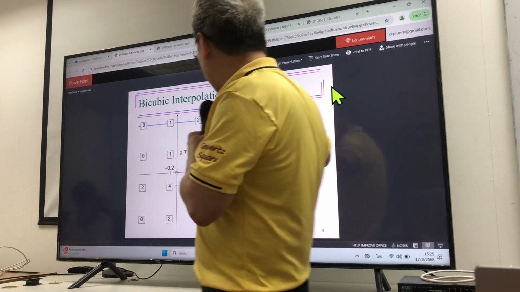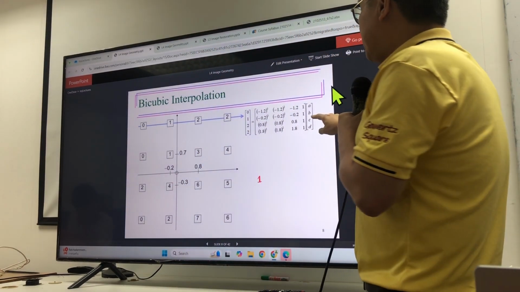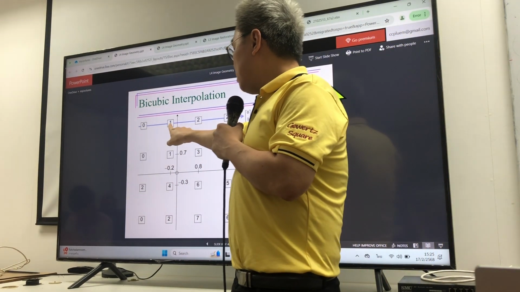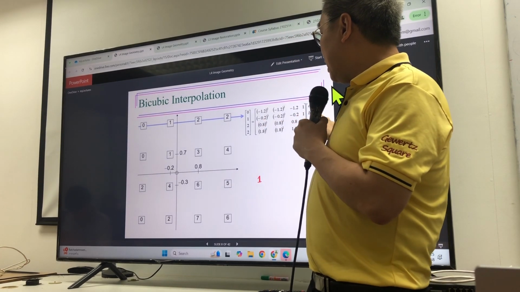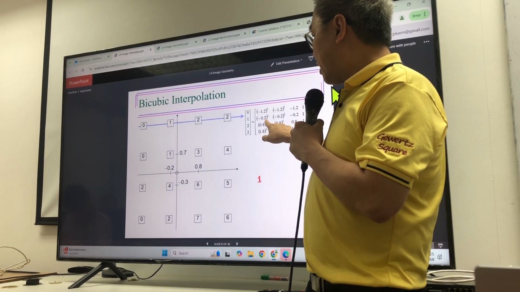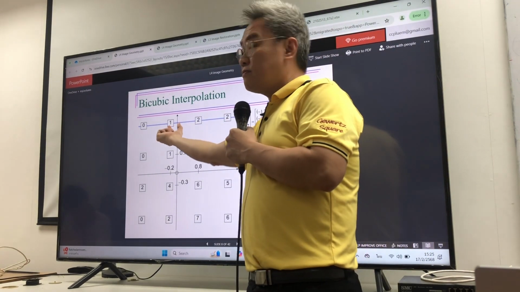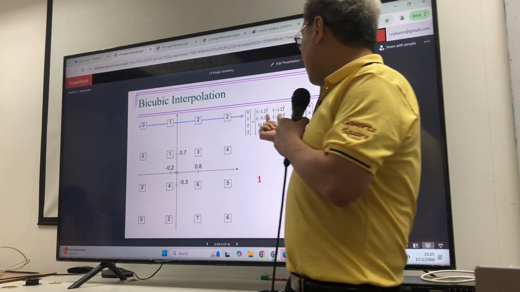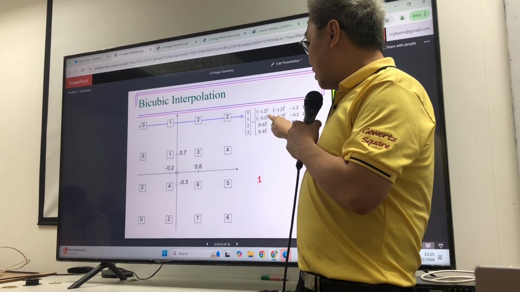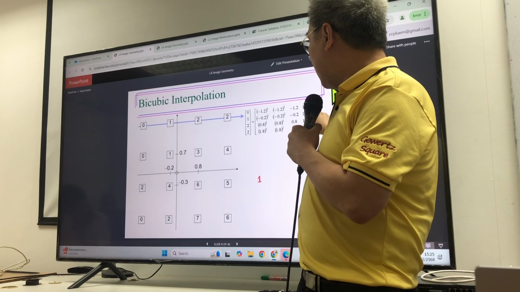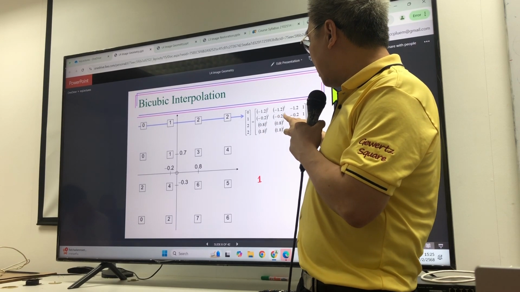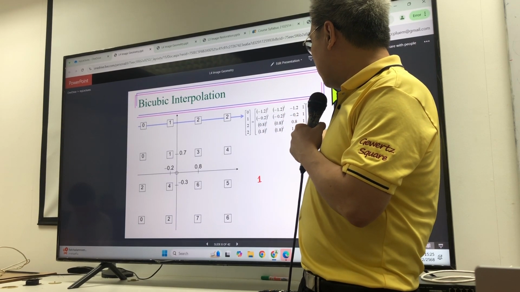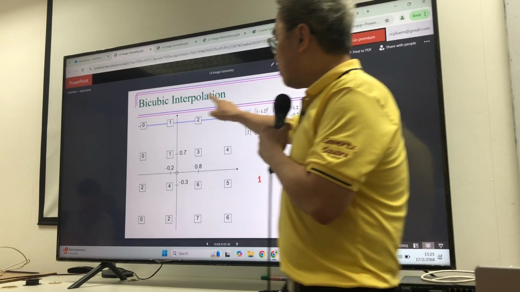This is for these pixels. Same here, but x is now negative 0.2. So a x cubed plus b x squared plus c x plus d times 1 equals 1.